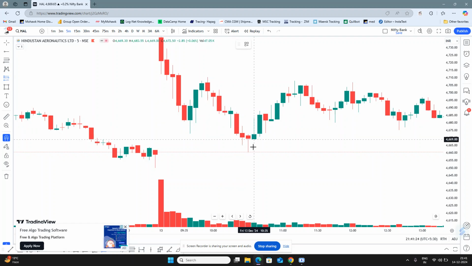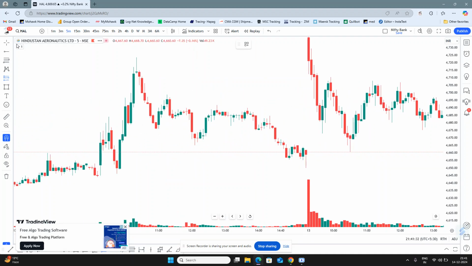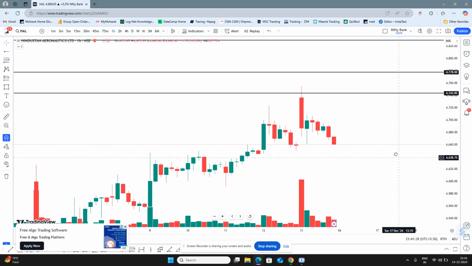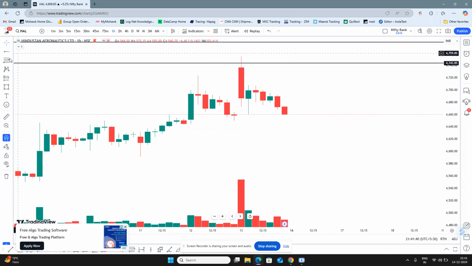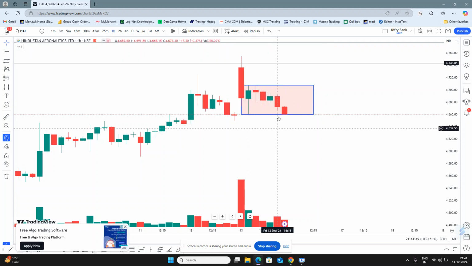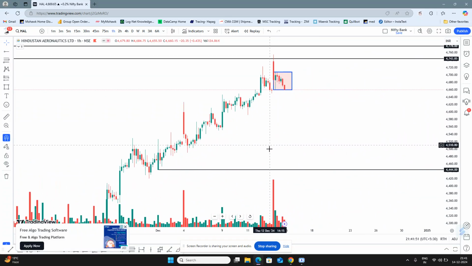What is this? This small green. I have to see. Not much in intraday definitely here, but if I see any formation, let's say any trap forming, this is a kind of mother candle, right? Which we can see in 1 hour time frame again, right?